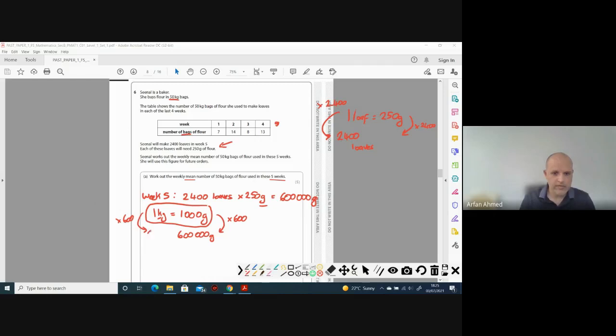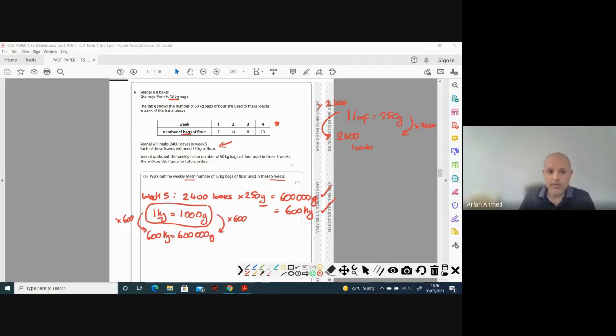So this will be 600 kg. Where did I get that 600 from? Well, how many thousands go into it? You'll have to divide it. So this is the same as 600 kg. We've probably got 2 marks so far: 1 mark for this and 1 mark for that.